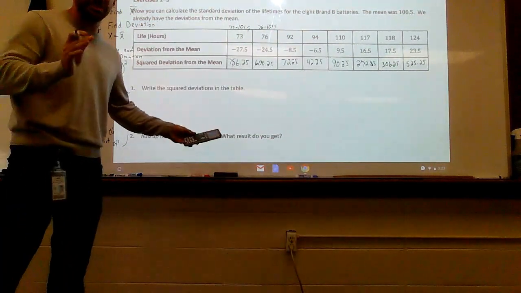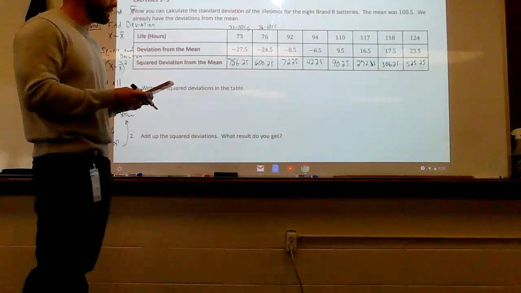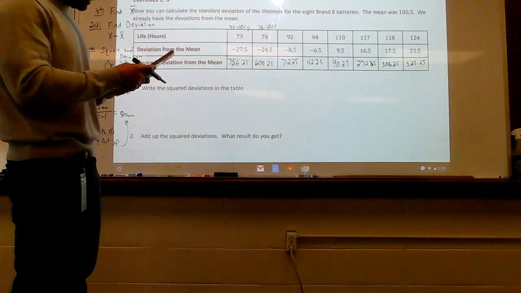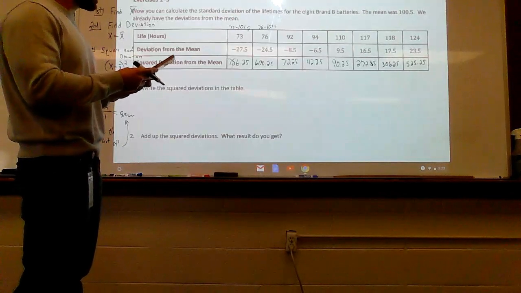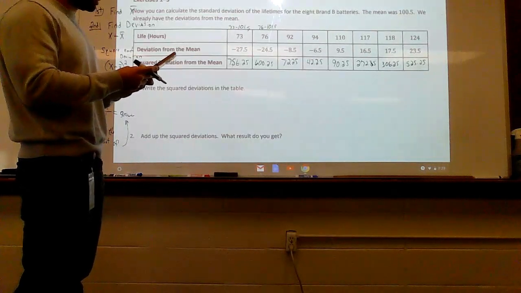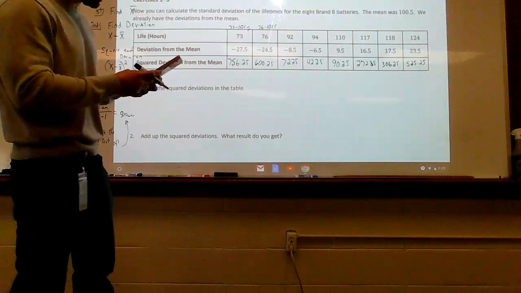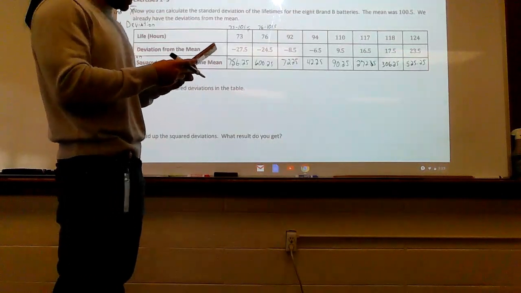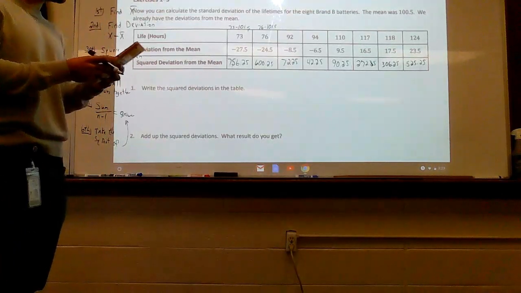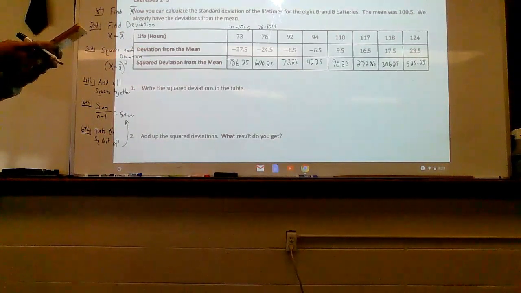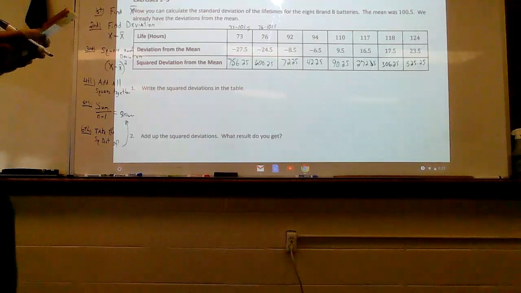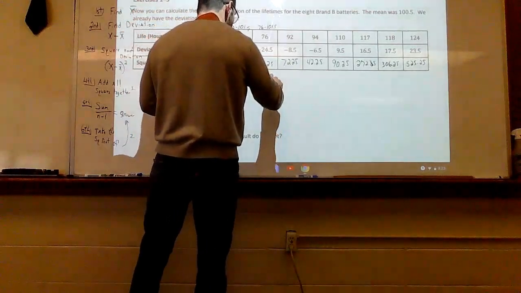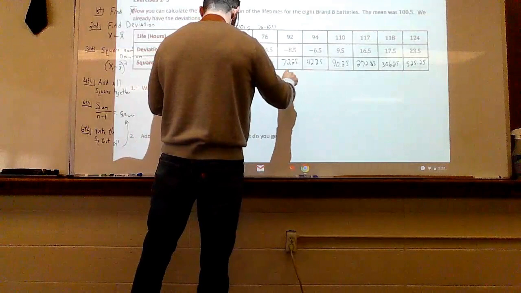So now we're going to add 756 and 2500ths plus 600 and 2500ths plus 72 and 2500ths plus 42 and 2500ths plus 90 and 2500ths plus 272 and 2500ths plus 306 and 2500ths plus 525 and 2500ths, and that gives me the sum.